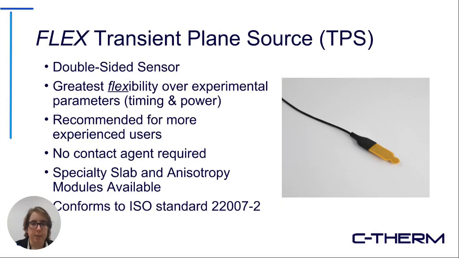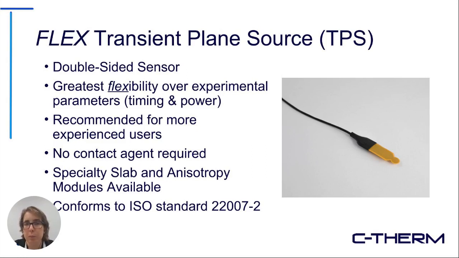The next method that we'll take a look at is the Flex Transient Plane Source method, or TPS method. This is a double-sided Kapton encapsulated sensor, which provides the greatest flexibility over the experimental parameters, including the test time and power parameters.